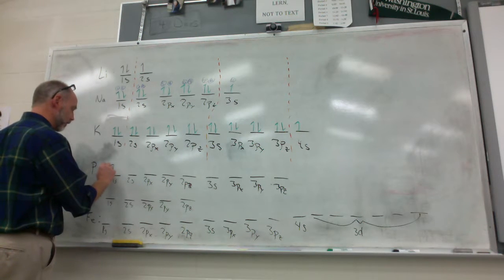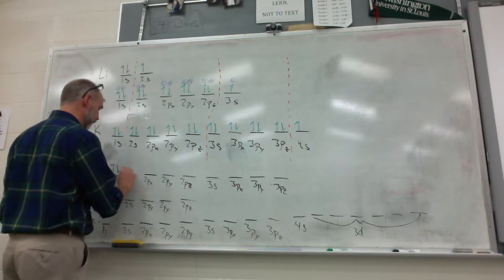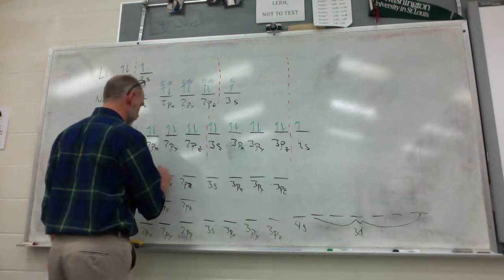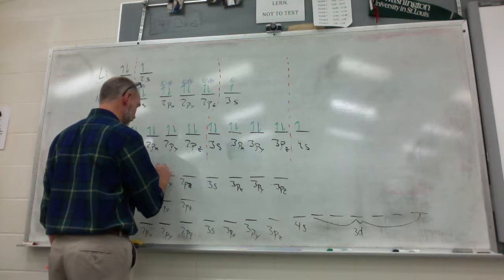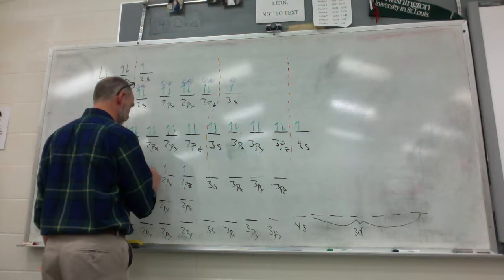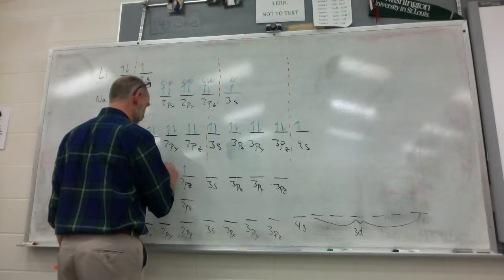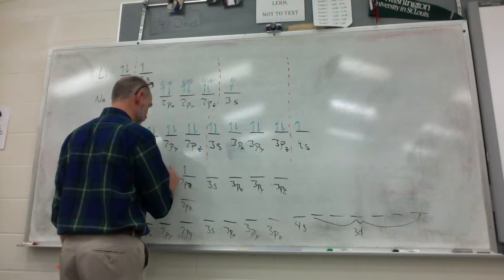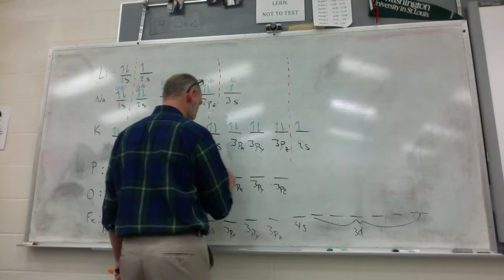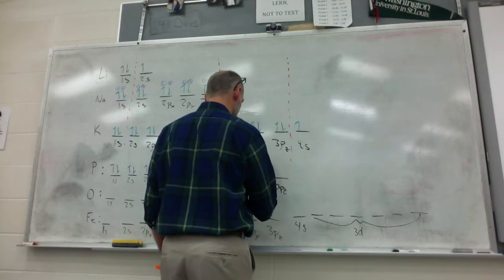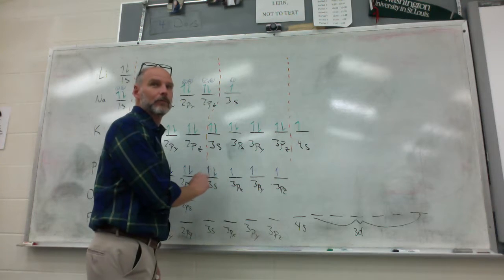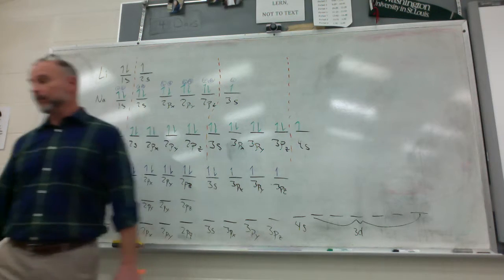Up, over, down, over, up, over, down, over, up, over, over, up, back, down, over, down, down, over, down, over, up, over, down, over, up, over, up, over, up, back. Wait. Kayla, hit her. That's okay. Nicely done.